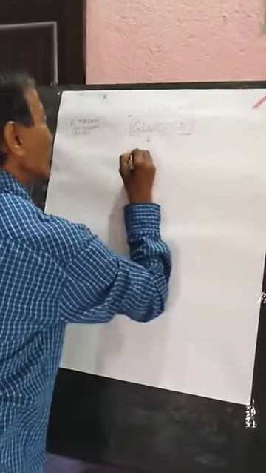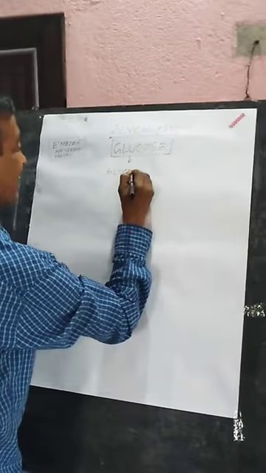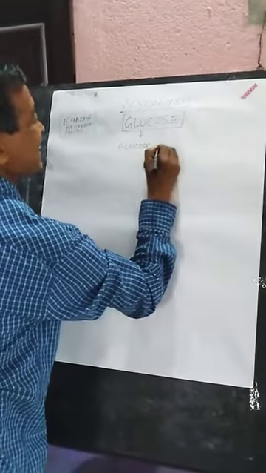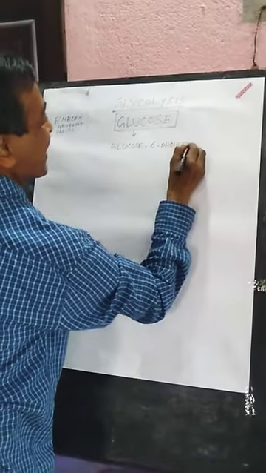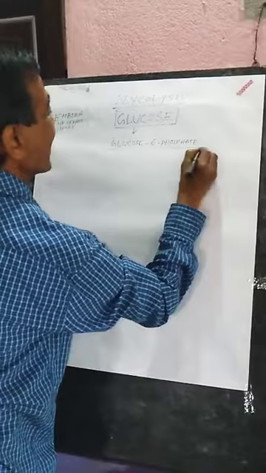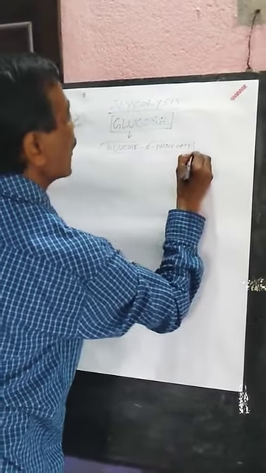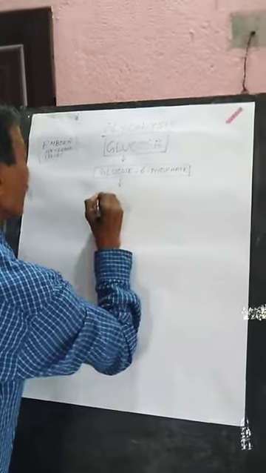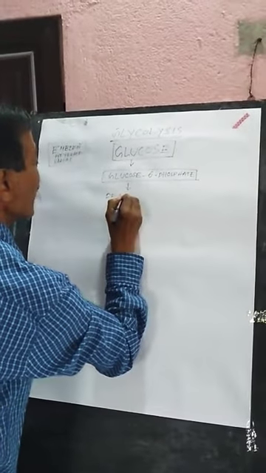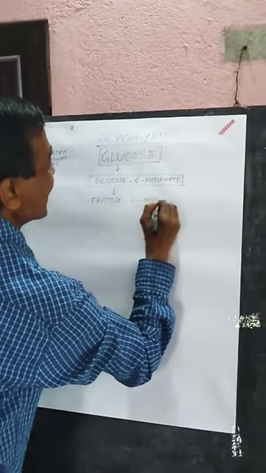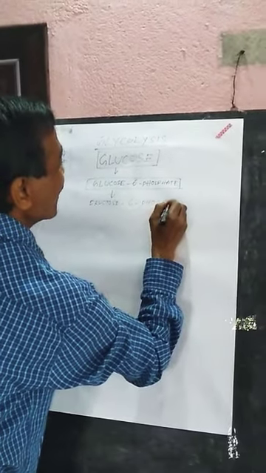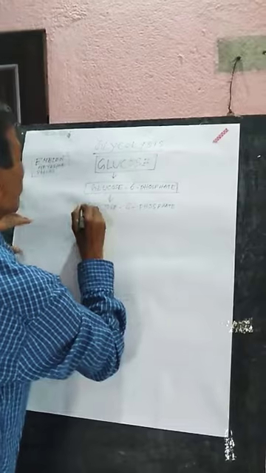Glucose 6 phosphate to fructose 6 phosphate.